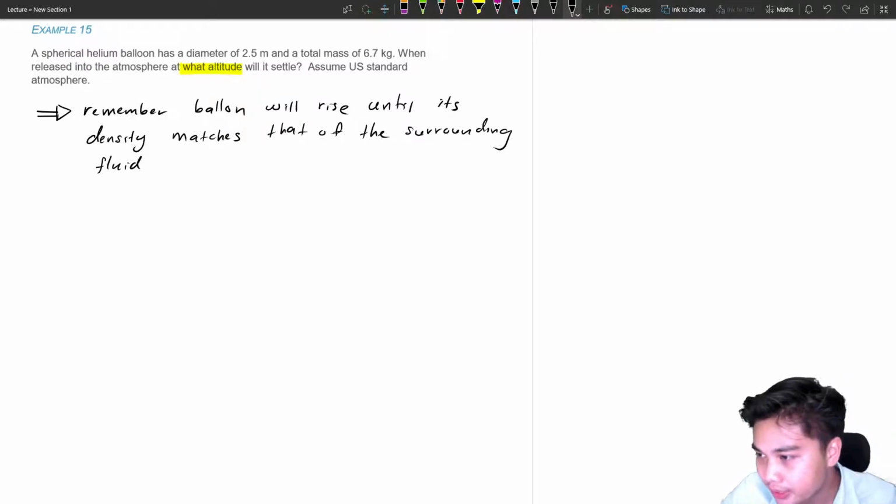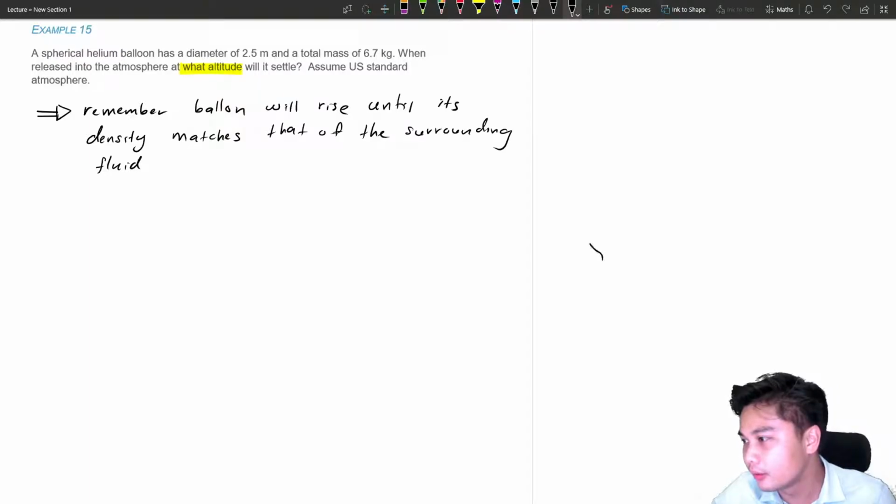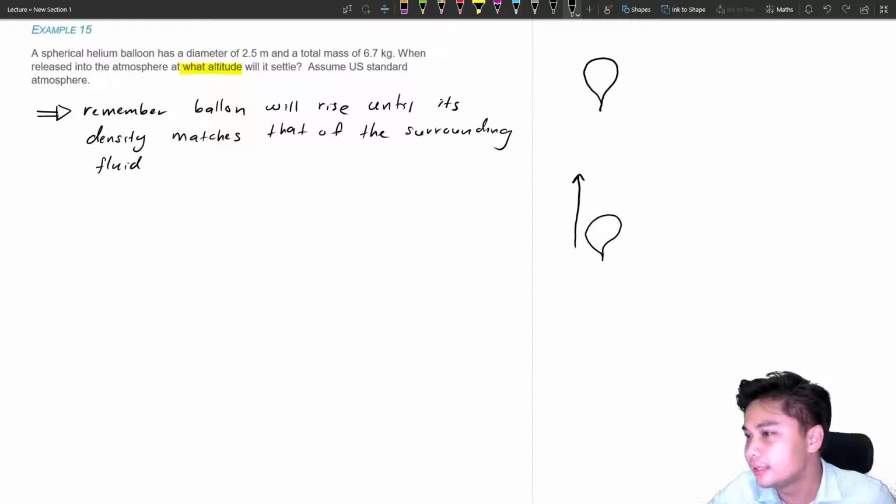We call this the balloon. This balloon will rise until the density of helium is the same as the density of the surrounding atmosphere.